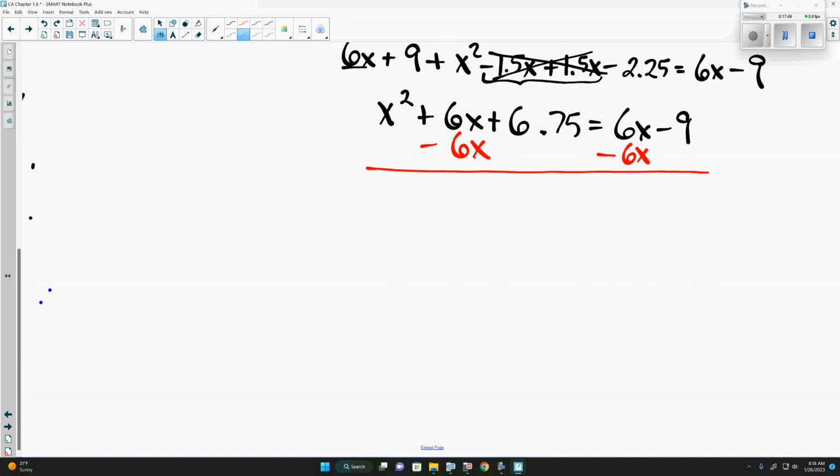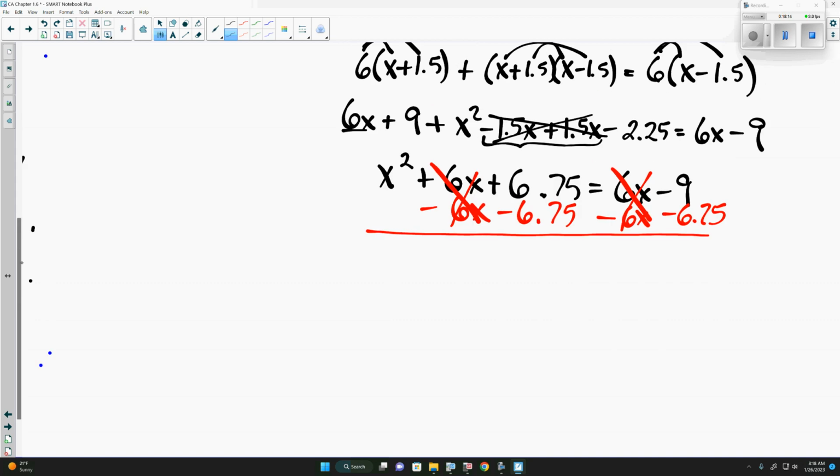The square root method, yes? So here is a case, these cancel, I don't have to add the 9. Because if it's going to be the square root method, we need x squared by itself, yes? So instead of adding 9 to both sides, we can just subtract 6.75, and this is going to be, something's off.